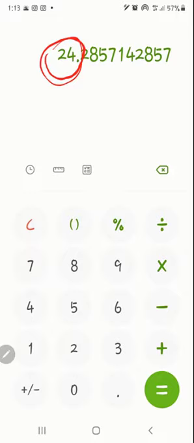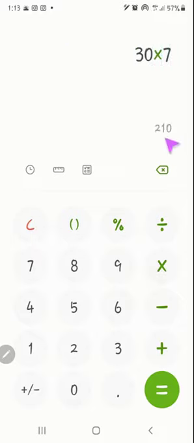Except otherwise, if you want the robot to buy you a dip of, say, $30, then in the place of the ratio, you simply input 1 so that it can buy you $30. Okay? Now, when you do 30 times 7, you notice it's 210.